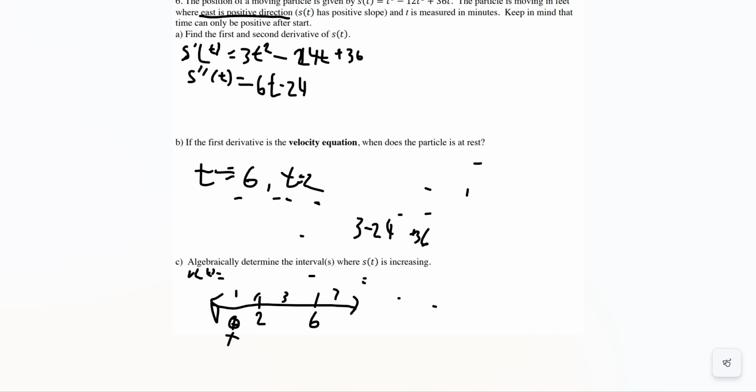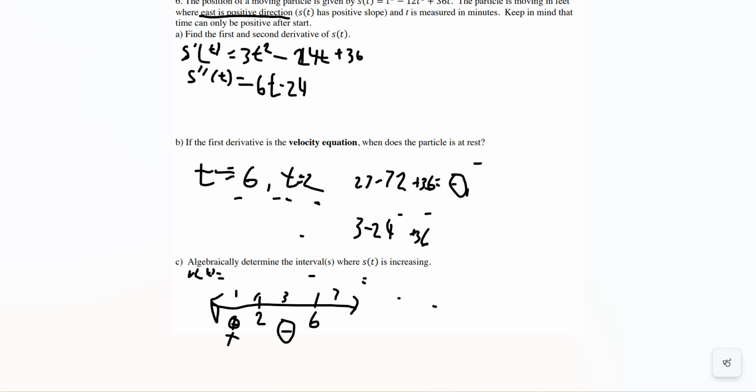And then at 3, we're going to put 3 times 9, which is 27, minus 24 times 3, which is 72, plus 36. Just from looking at it and adding it up, this is going to be negative. I have all the math on my other paper, just to speed it up.